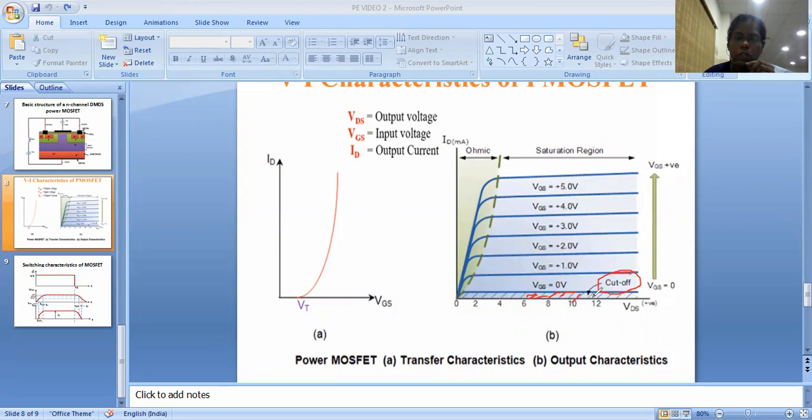So the cutoff region is the off state, and the saturation region is the on state, right? As you shift between the cutoff region and the saturation region, it will be working as a switch, as we discussed already. So whenever you want to operate as a switch, it should be operated between the cutoff region and the saturation region.